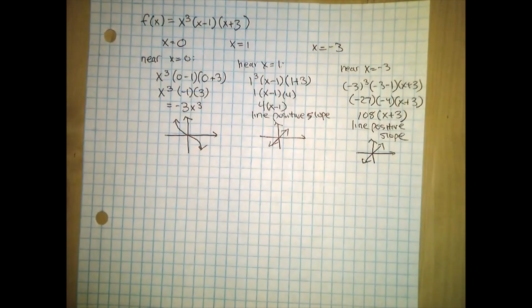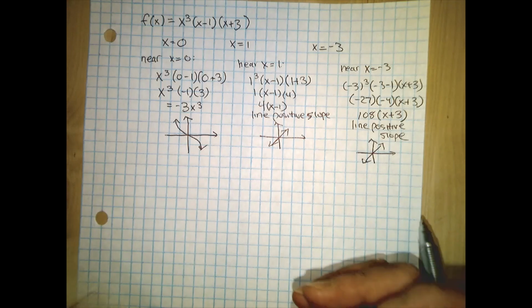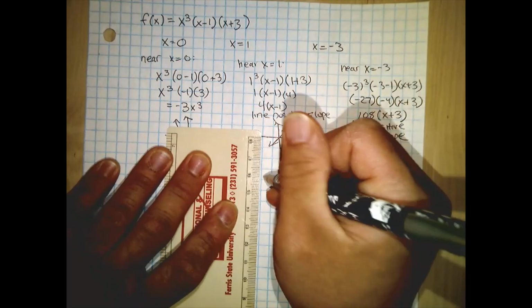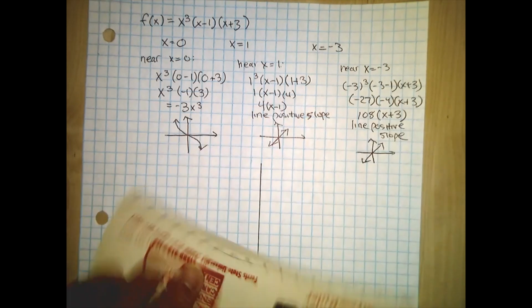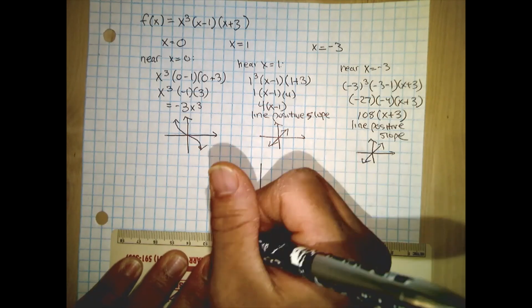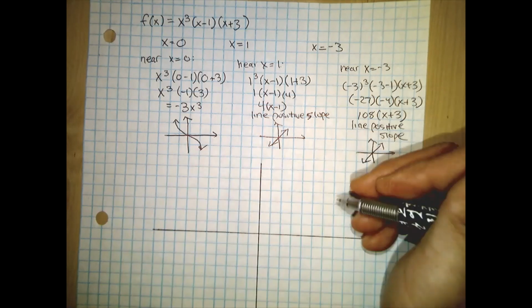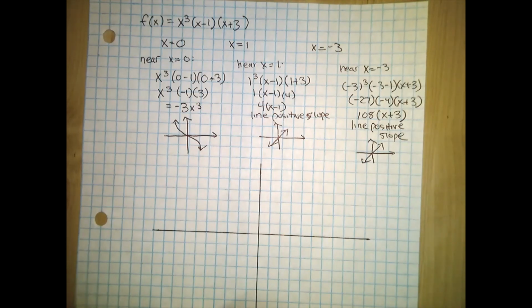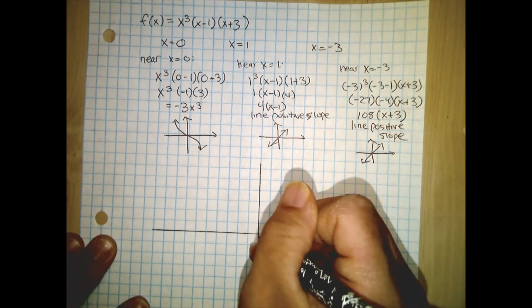And now I'm ready to go ahead and draw a somewhat complete graph, or a sketch of the function here. So what are the points that we had?